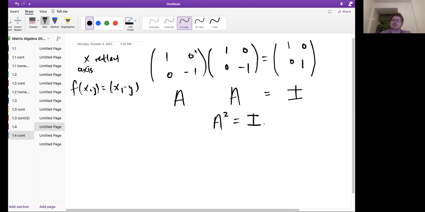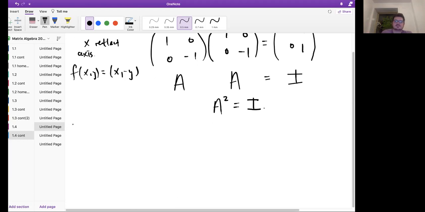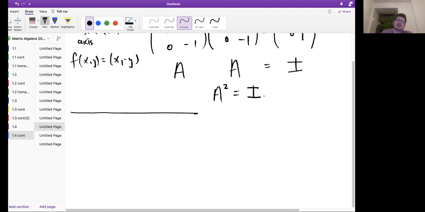Yeah, that means A is equal to 1. But notice it's not true for matrices. You can have a non-1 matrix that squares, or even higher powers, to a 1. So really any reflection has a squared equal to I.